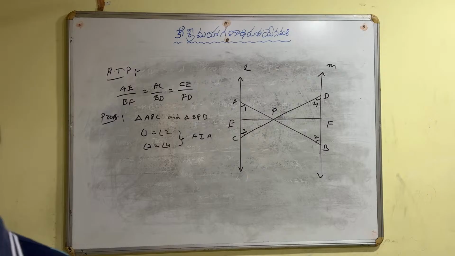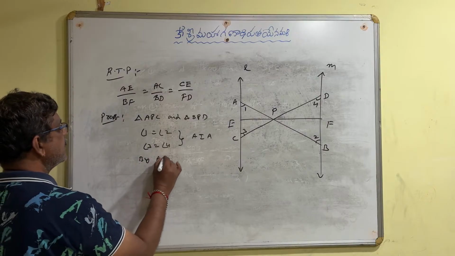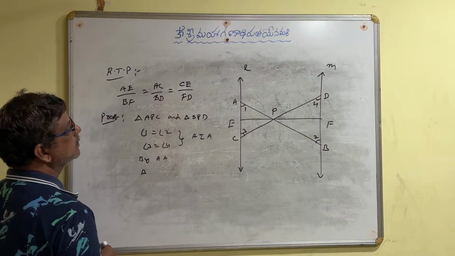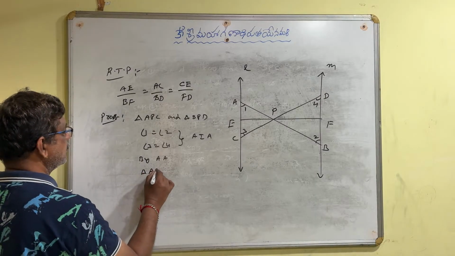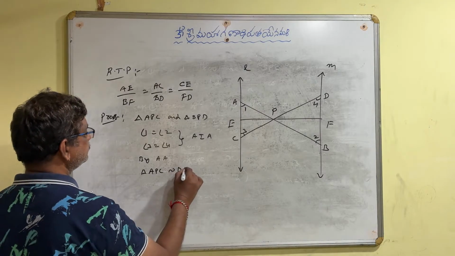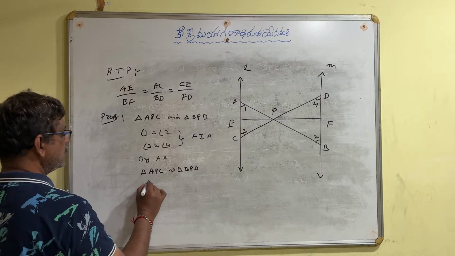So by AA similarity, triangle APC is similar to triangle BPD. Now write the ratios.